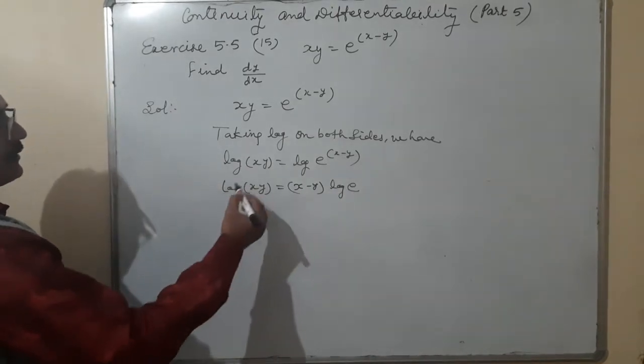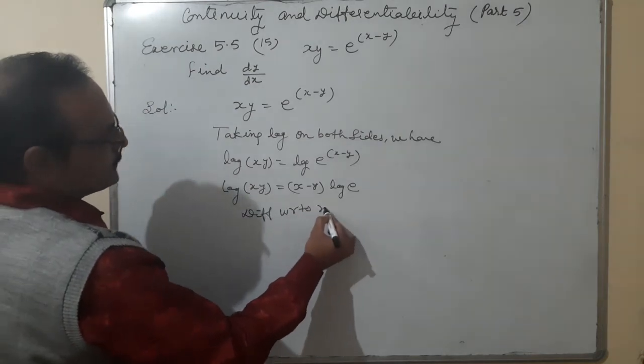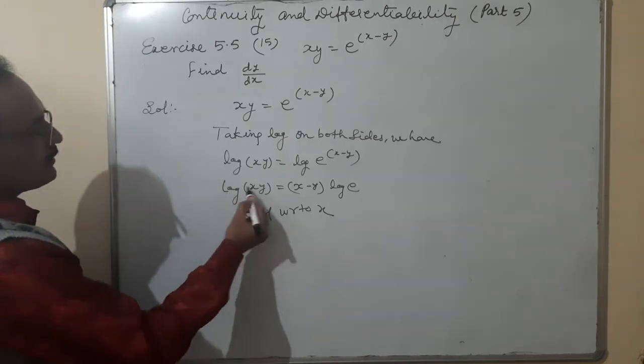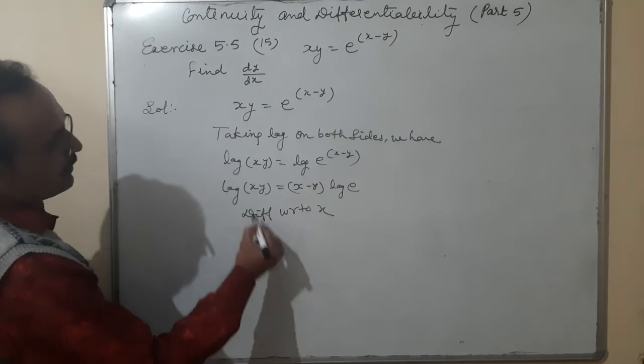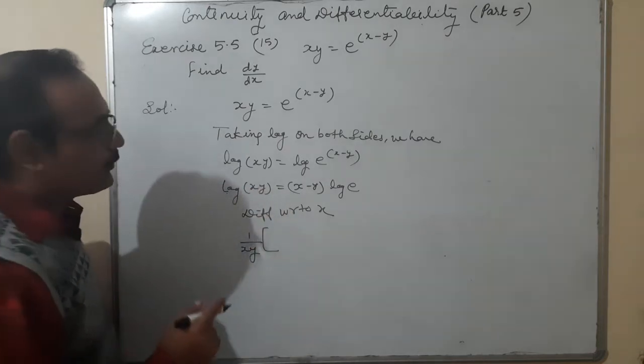Differentiate with respect to x. When we differentiate with respect to x, what is coming here? 1 upon xy and differentiation of two functions. That means here again using the product rule.